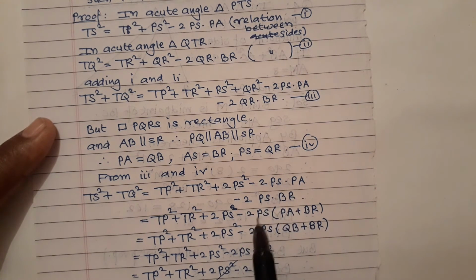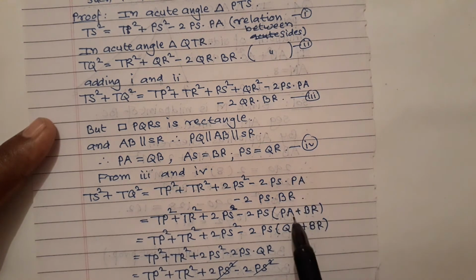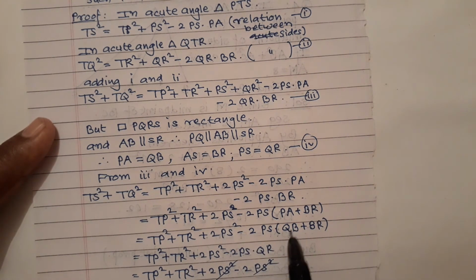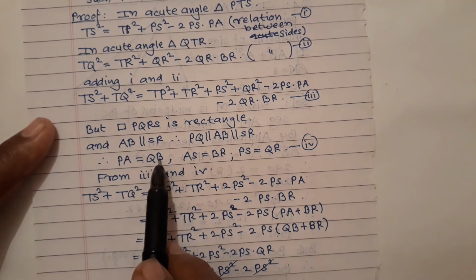Take 2PS common, into bracket PA plus BR. Now, for PA you substitute QB, because PA is equal to QB.